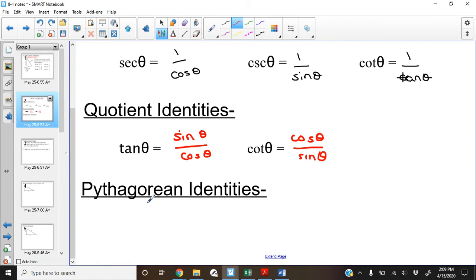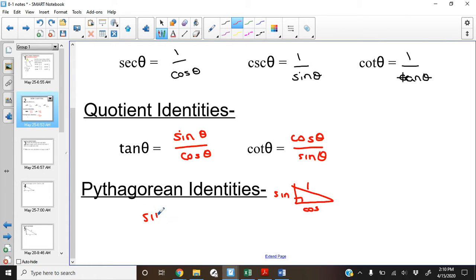And then a little bit of a blast from the past, we have our Pythagorean identity. Well, remember, right triangle, Pythagorean theorem. If you are thinking of your unit circle, though, we know that we have a radius of 1, and the y is sine, the x is cosine, and you can do sine squared plus cosine squared equals 1 squared, which is 1.